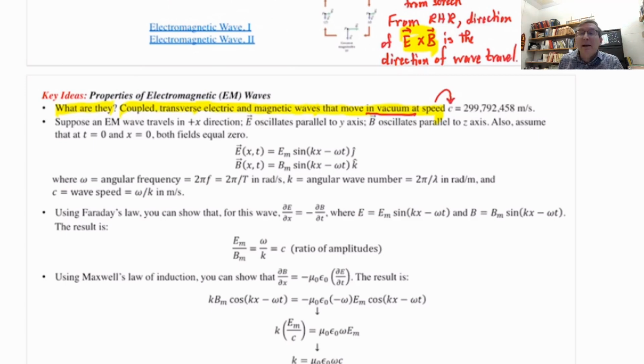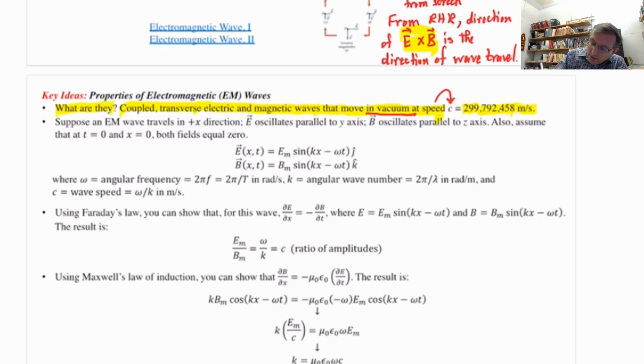And the number has been measured now so precisely that the speed of light is defined to be the following number: 299,792,458 meters per second. Now, that's pretty fast, isn't it?